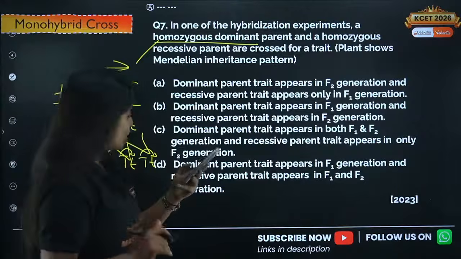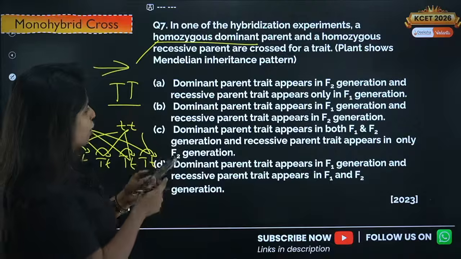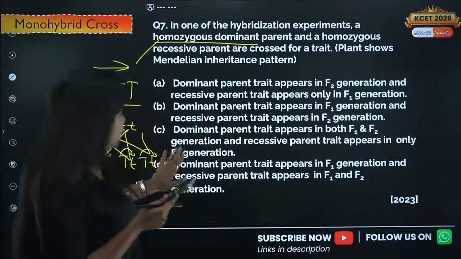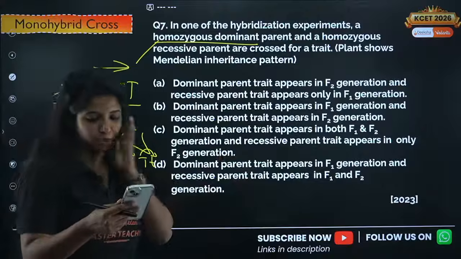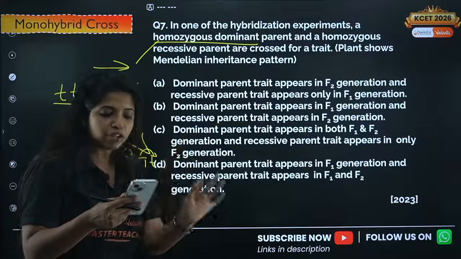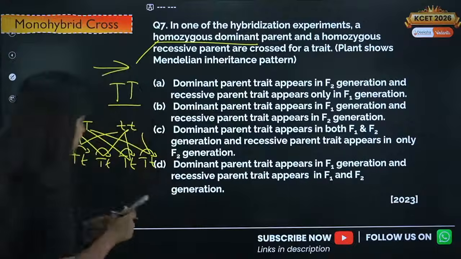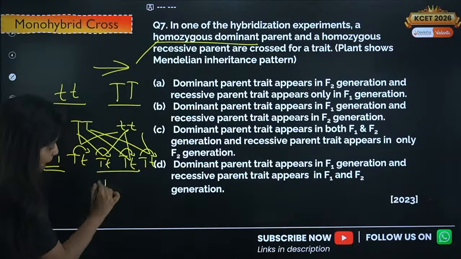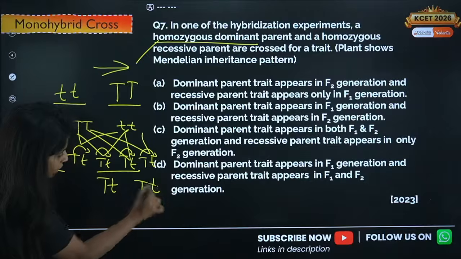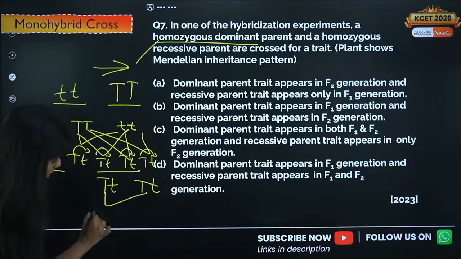Hi Manjunath. So Manjunath is saying C is the answer. Dominant trait appears in both F1 and F2 generation, and recessive parent trait appears in only F2 generation. Oh my god, Manjunath came in and gave a 6er. Okay, let's see if Manjunath is correct or not. Now we are going to do selfing. So capital T, small t, capital T, small t. When you cross that, what will you see? Here you see capital T, dominant trait.